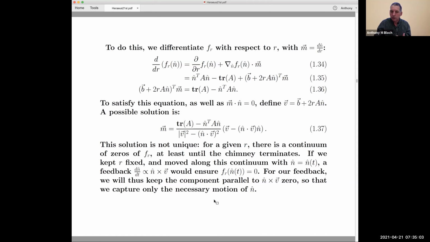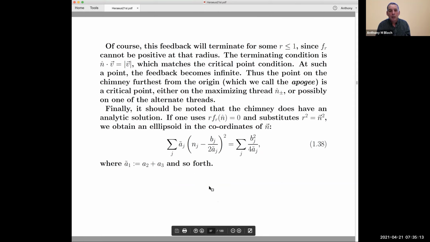You can steer the system anywhere inside that chimney, and the purity is still going to be increasing. It's actually possible to compute this, and there's an analytic solution. If you carry out the computation, you get this rather nice expression for this ellipsoid, where the purity is still going to be increasing.